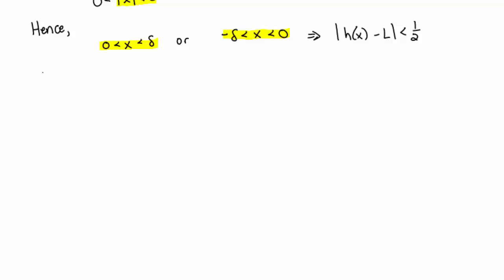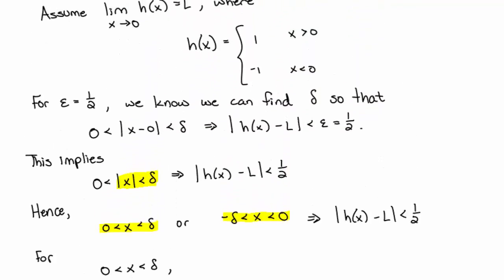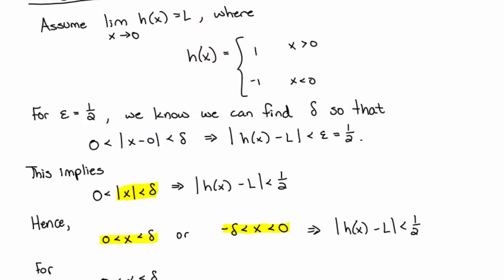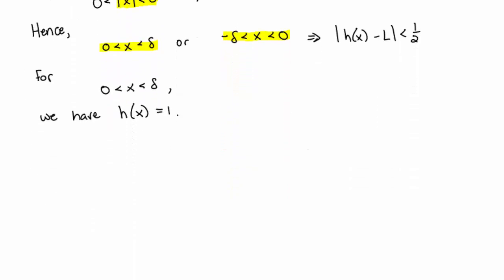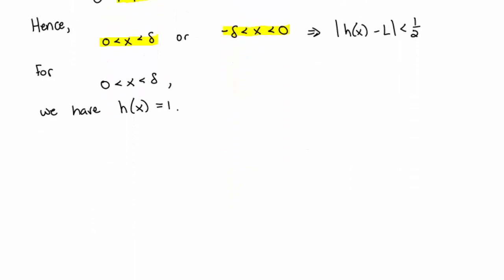Okay, so anyway, for x between 0 and delta, since x is positive, h of x will equal 1. Let me scroll up so you can see. Remember, if x is positive here, then our function value is 1. So we're splitting into two cases, x being positive or x being negative.